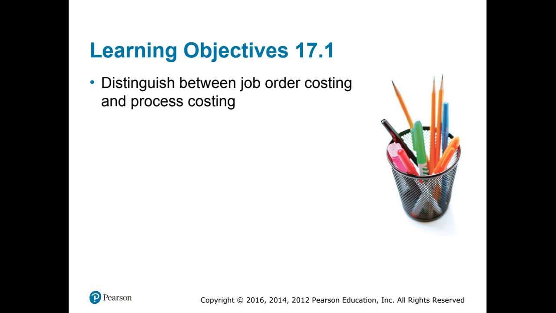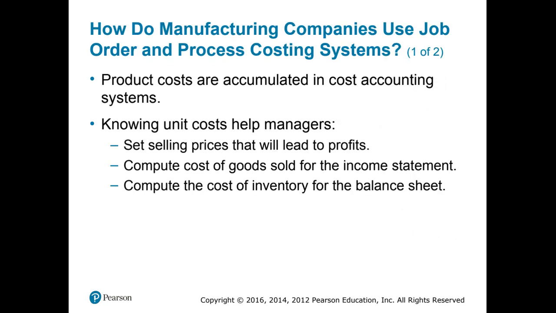Okay, so distinguish between job order costing and process costing. This is on page 871, where chapter 17 starts.